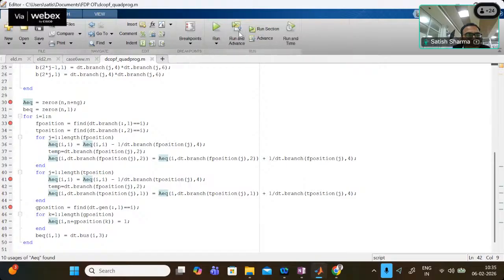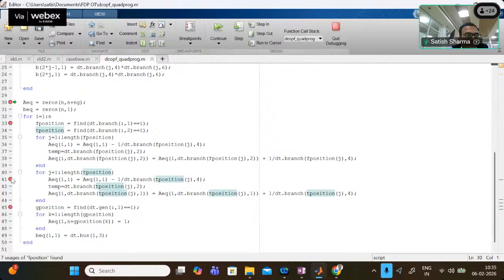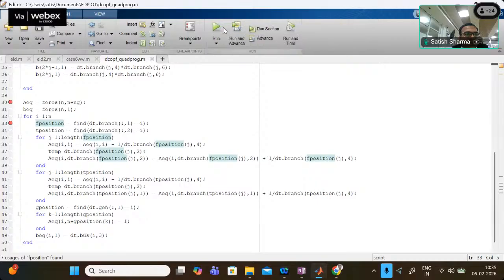Okay, some issue is coming here, and that issue is it should be replaced with the T position. So let's again see, and let me remove this, and this is for I equals to 1, then I equals to 2, 4, 5, yes, and continue.